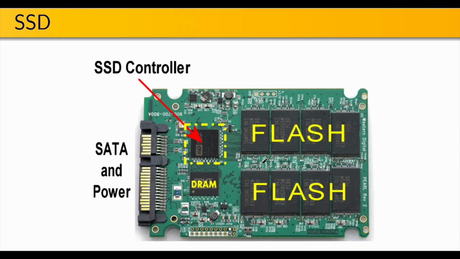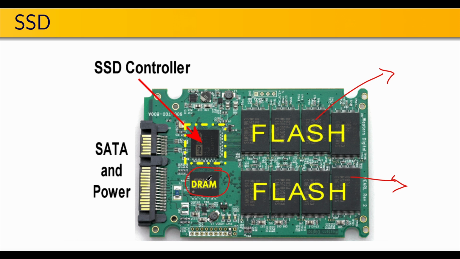So this is what SSD looks like. These are the flash cells. These memory cells are flash cells which are made up of MOSFET with a floating gate. And then you have the DRAM.